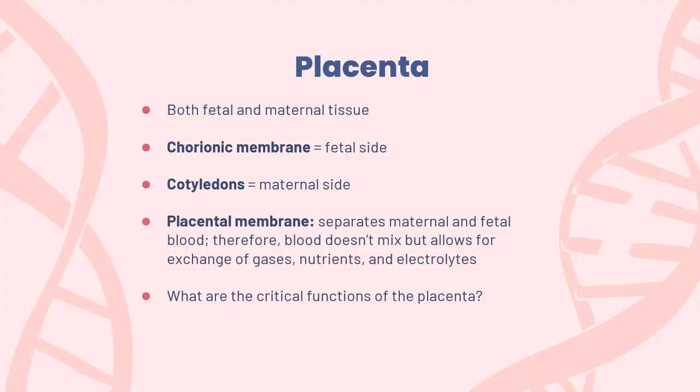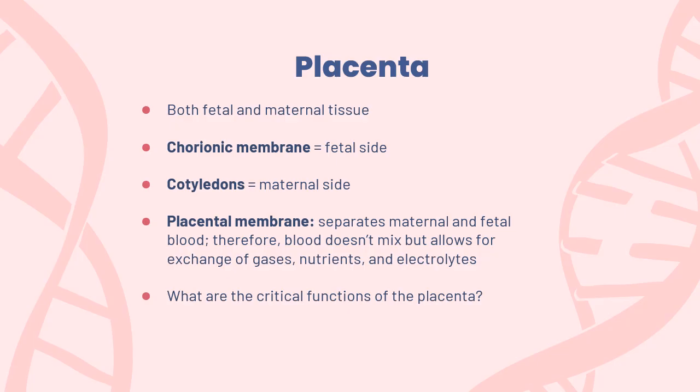You have your chorionic membrane, which is the fetal side, and the cotyledons, which is the maternal side. If you've ever seen a placenta, you can see both sides and how they look different. It's pretty interesting. I really hope you all get to see one. It's actually where the tree of life picture has come from, because it kind of looks like all the branches of the arteries in the placenta. And then you have your placental membrane, which separates the maternal and fetal blood.